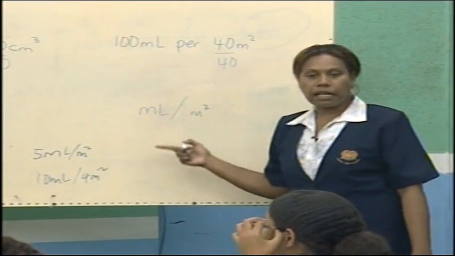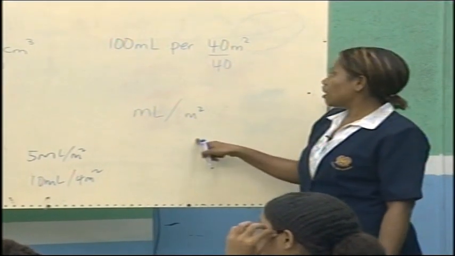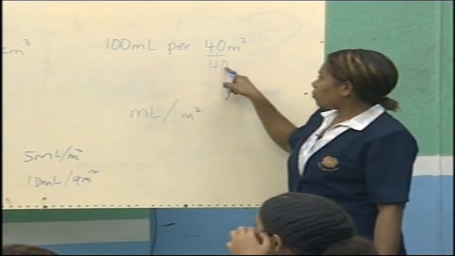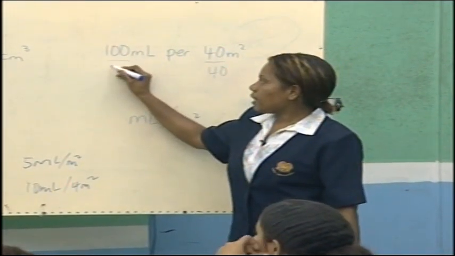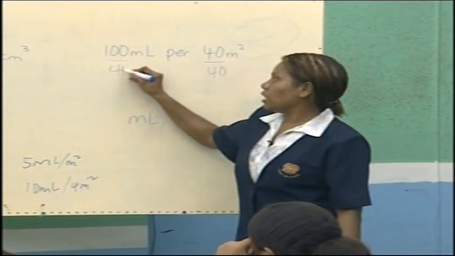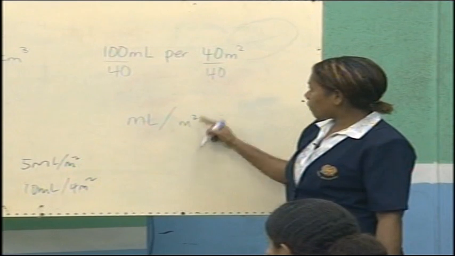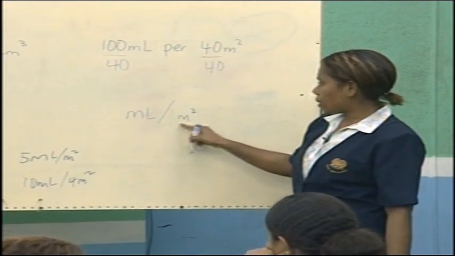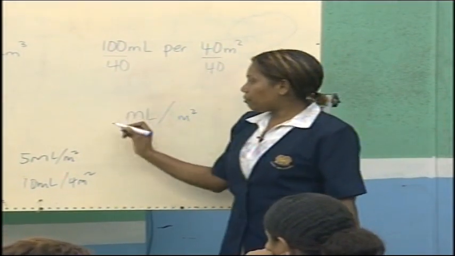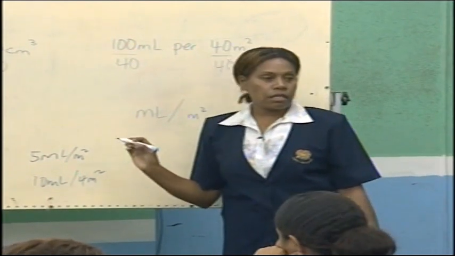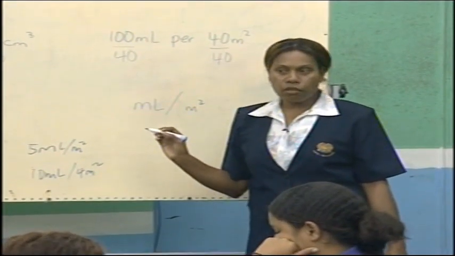Per means 1, all right? Or every. So if I divide this by 40, I also divide 100 by 40. So I cross cancel, I'm left with 1 square meter. And 100 divided by 40 is 2 what? Only 2?